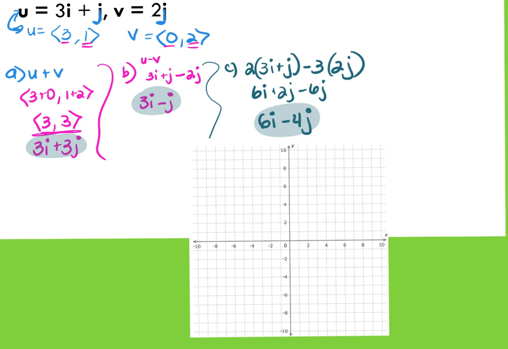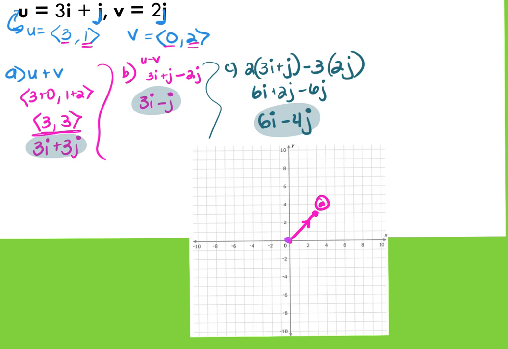So what's going to be the terminal point for A? Where do you stop? What's the component form of 3I, 3J? 3, 3. So I'm going to 3. I'm going up to 3. I'm stopping. That's A. Go to B. What's your terminal point for B? 3, negative 1.